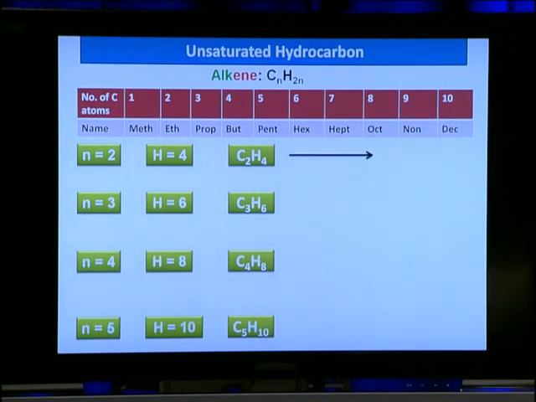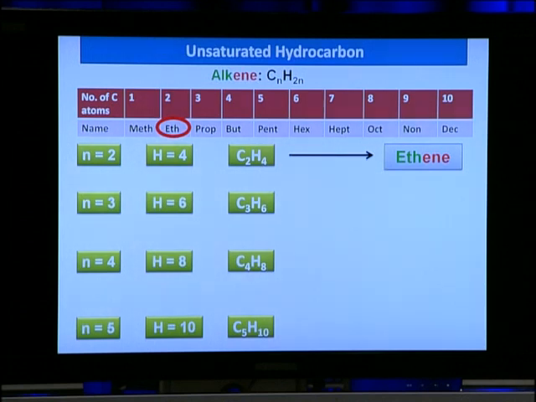Now, in a similar manner, naming of the alkene can also be done based on the number of carbon atoms. Since the compound with the formula C2H4 has two carbon atoms, the prefix eth is given to it, and then we add ene, and it becomes ethene.